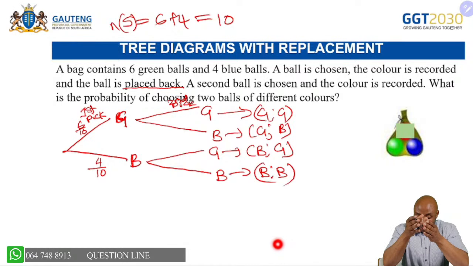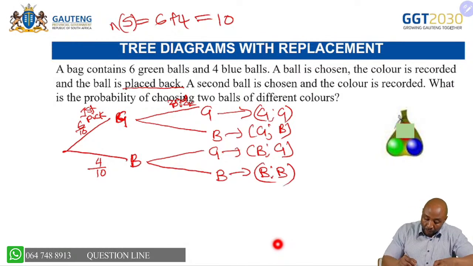So I still have my 6 green and my 4 blue, meaning the probability when I do the second pick, for green, I'll be picking from 6 out of 10. Remember, I'm picking 1. So the chance I can pick any one of the 6 out of the 10. And then for blue, we have 4 out of 10.